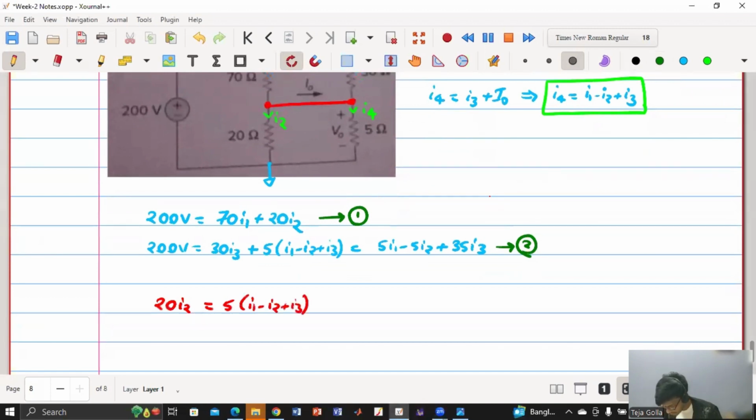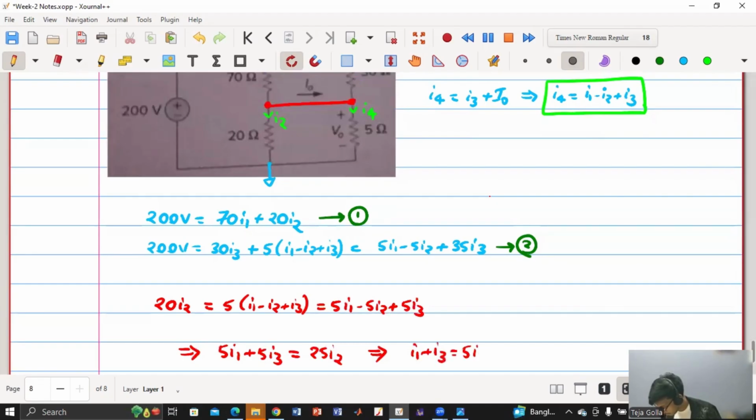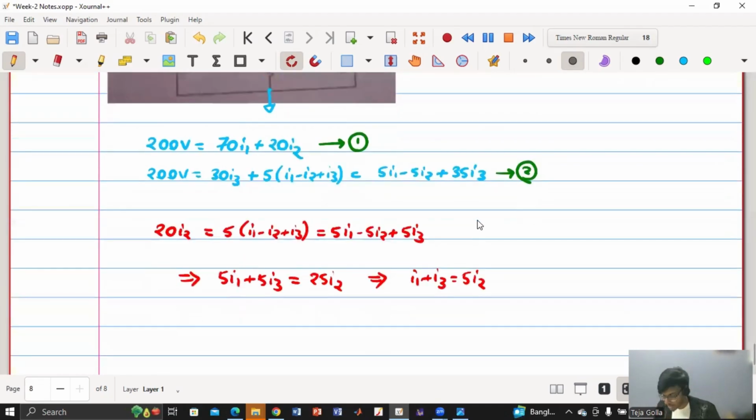So 5I1 minus 5I2 plus 5I3 equals 20I2, so 5I1 plus 5I3 equals 25I2, which means I1 plus I3 equals 5 times I2. From here, I3 is equal to 5I2 minus I1.